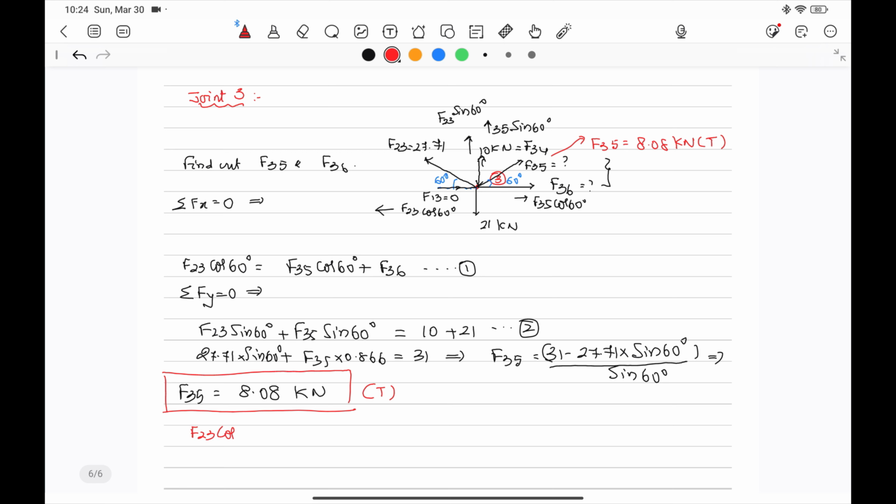F23 into cos 60 is equal to F35, 8.08, into cos 60 plus F36, which implies F36 is equal to F23, 27.71 into cos 60, which is 0.5, minus 8.08 into cos 60.